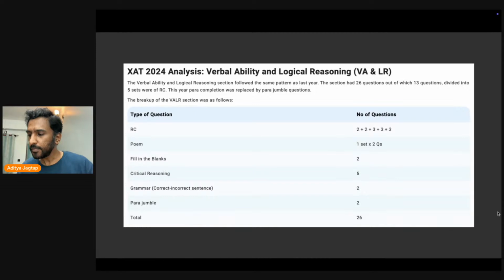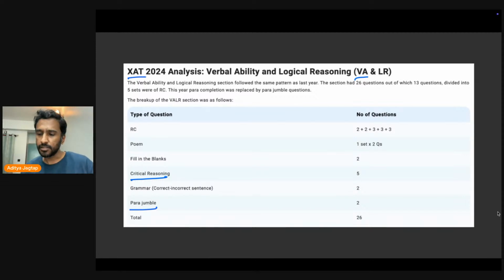All right. So the major or the sort of difficult areas in your VA in the ZAT exam are these: critical reasoning and parajumble. If you consider the critical reasoning question type, which is asking us application based questions to strengthen the author's opinion, conclusion, to weaken the author's conclusion, to infer something, to assume something, so on and so forth.